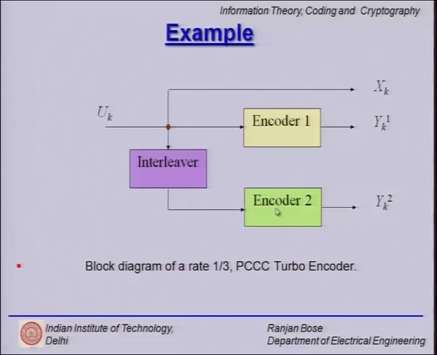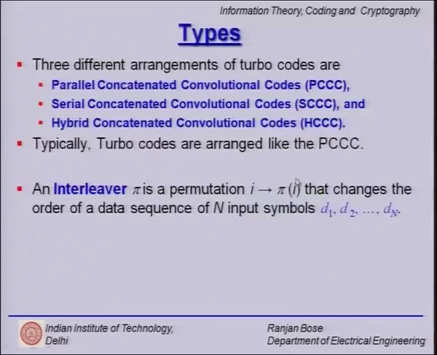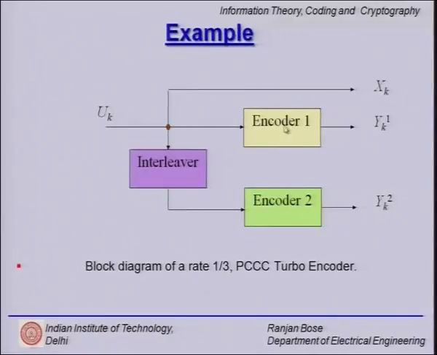But as you can see, these 2 convolutional encoders can be in several configurations. So, what are the obvious configurations? We can have the parallel concatenated convolutional encoder, which we just now saw. We have seen that encoder 1 and encoder 2 are in parallel, but nothing stops us from putting an encoder 1, then an interleaver in series and then an encoder 2.